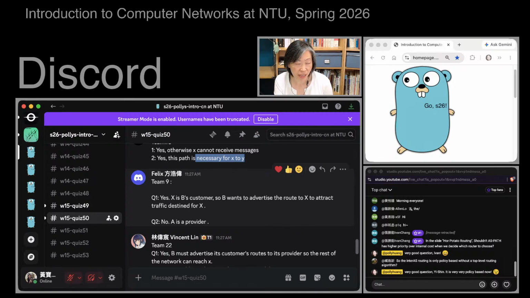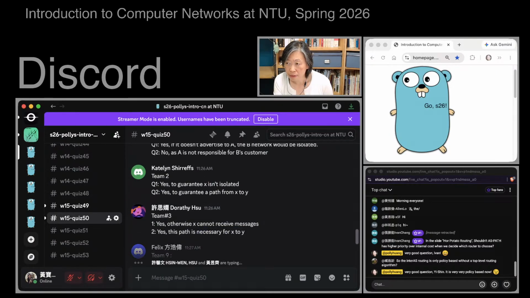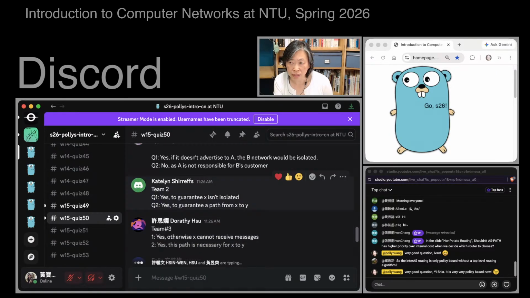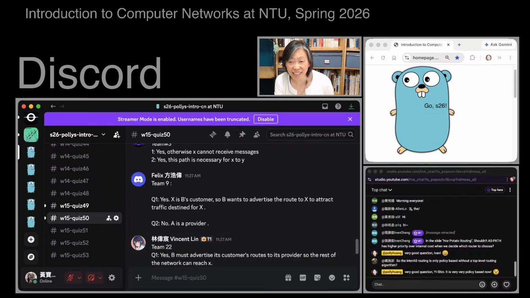If I don't announce BX, we don't know if B has other alternative paths. But globally, we see that it's the only path. But Felix is also right. You just don't know, right? There could be other paths. In fact, on the internet, many of the Bs have multiple connections, or ABCs, the providers often have multiple connections.